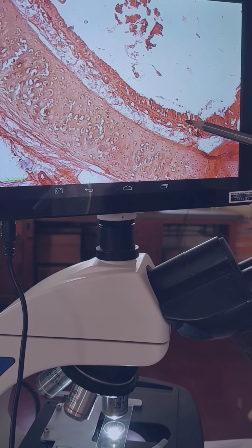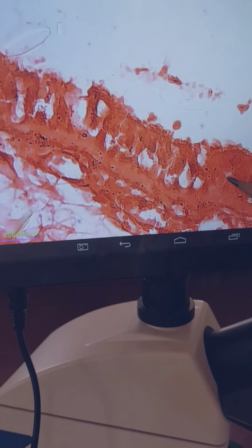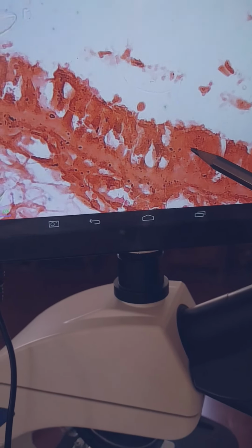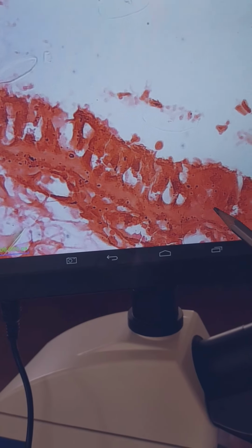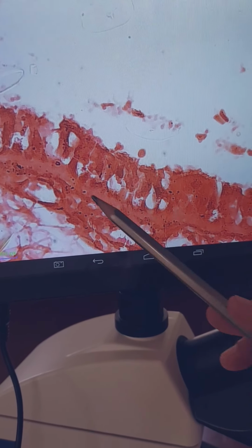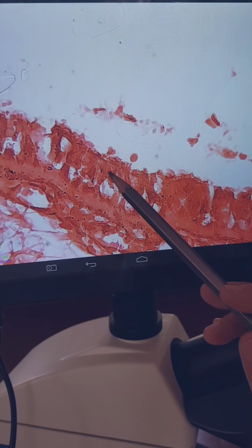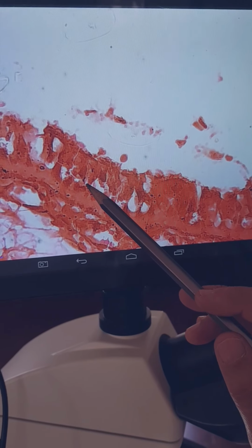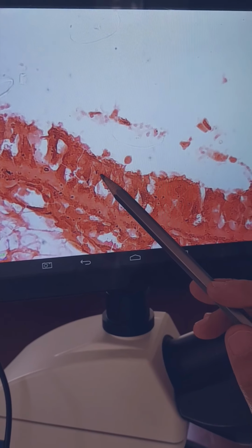This is on low power. We will see it on high power. This is pseudostratified ciliated columnar epithelium of trachea on high power. This is the lumen side. This is the epithelium. See, some nuclei are at the base and some are near the apex. That's why it gives the impression of a double layer, but it is not a double or stratified layer.